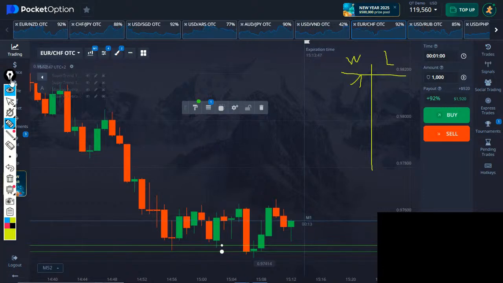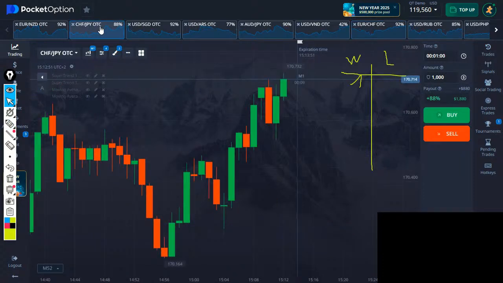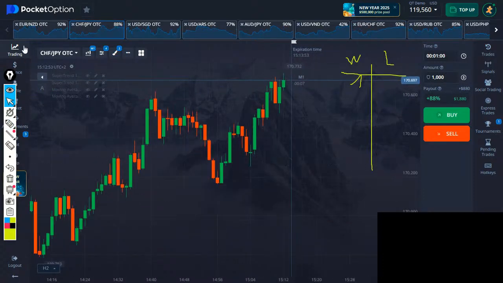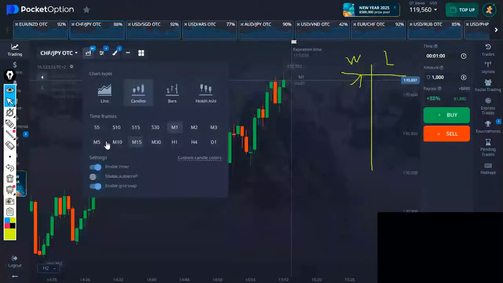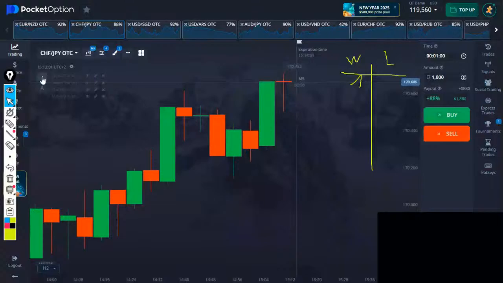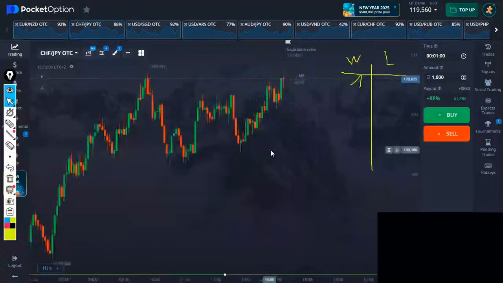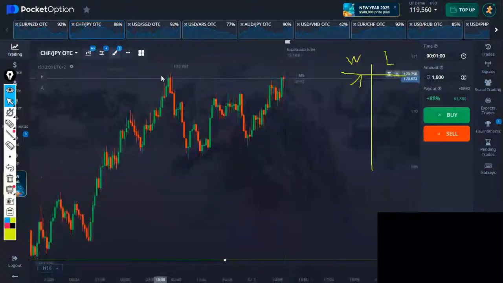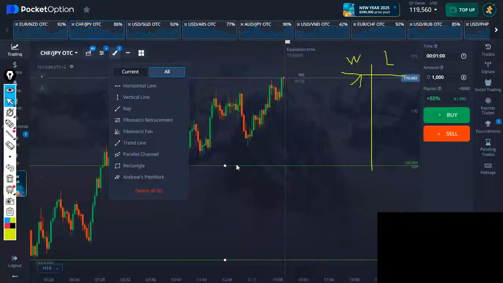So let's do more backtesting. 5 minute chart, and we have a supply area over here.